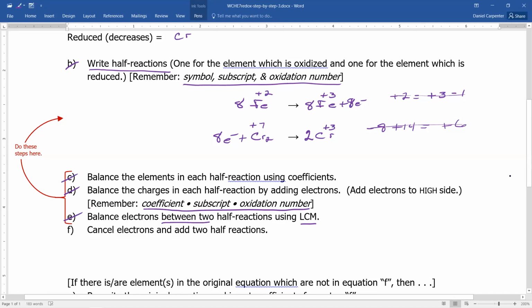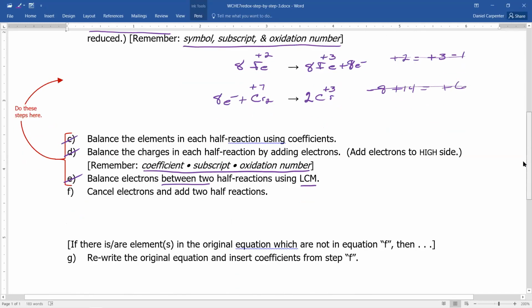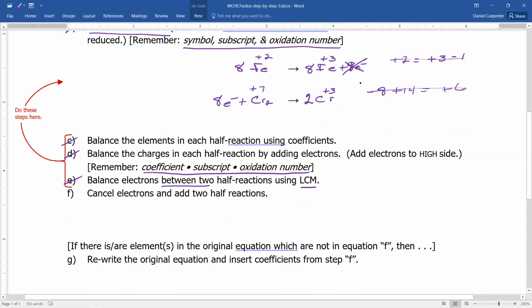All right, so that's part E. Part F, cancel the electrons and add the two half reactions. Done with F.